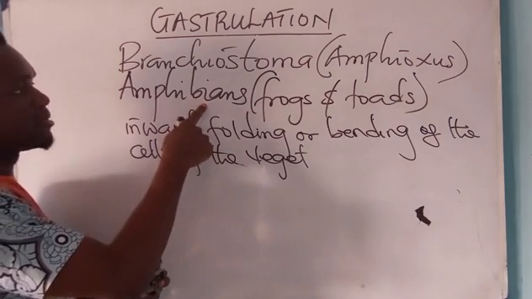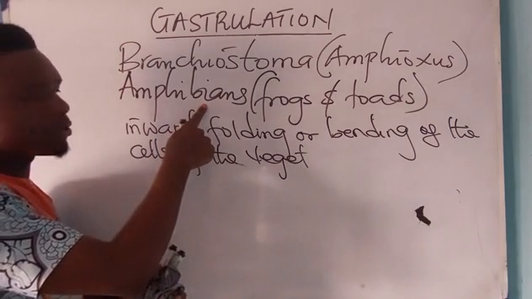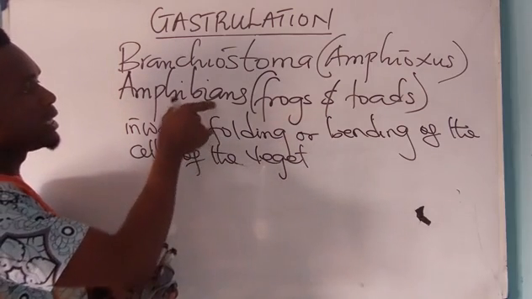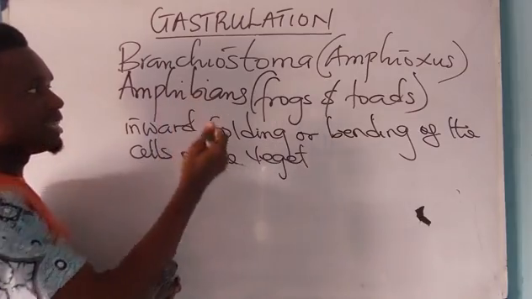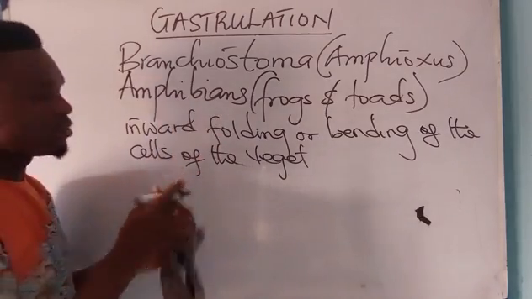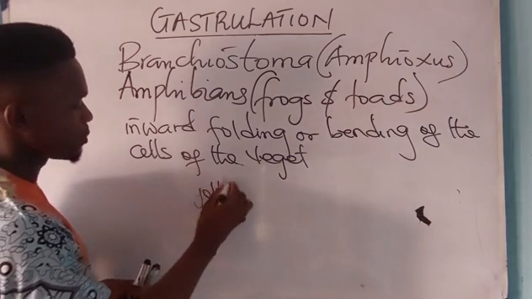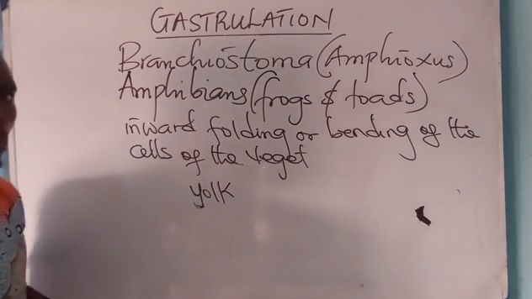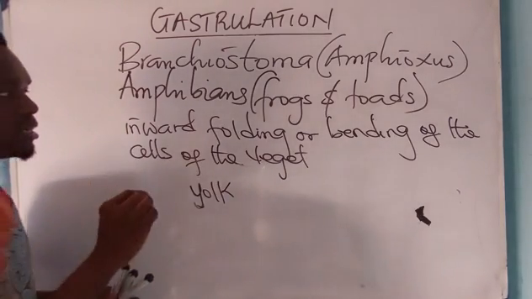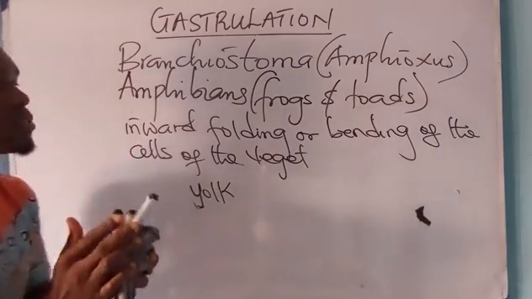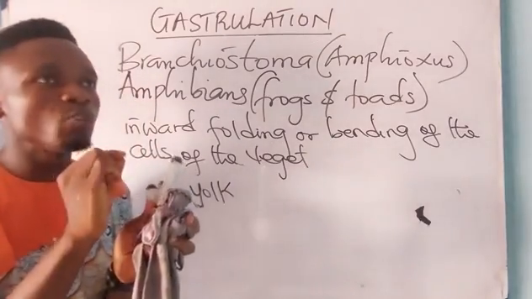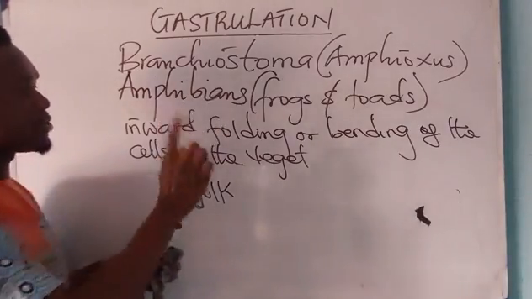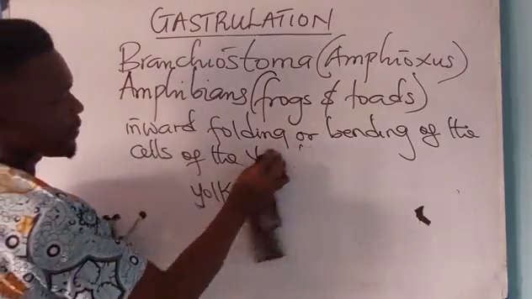But in amphibians, that is never the case. That is because the blastula of the amphibians is highly compacted with lots of yolk, so they are not able to bend inward. Therefore, the process begins with the cells found in the marginal zone. Now we'll get to that. What I'm trying to say is, I will not use the word vegetal pole.